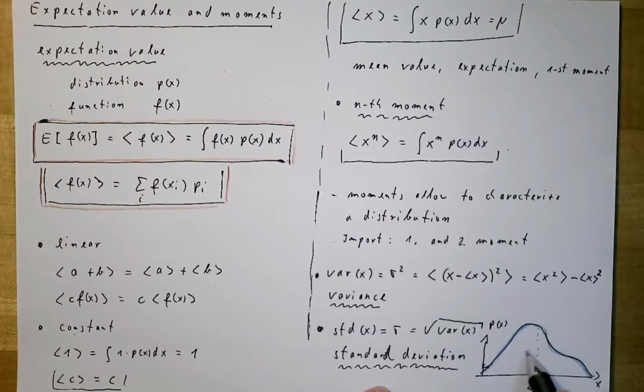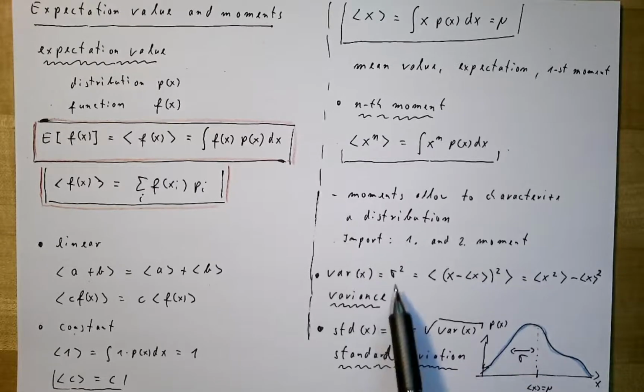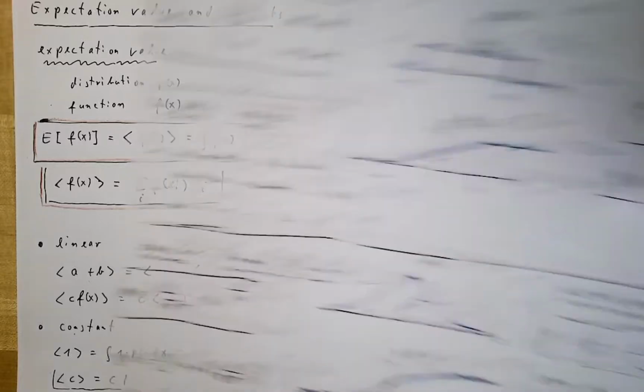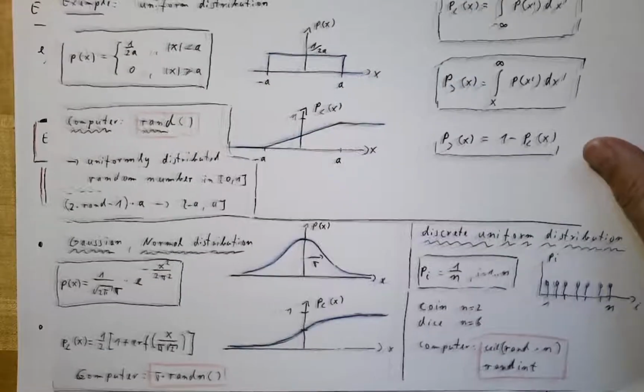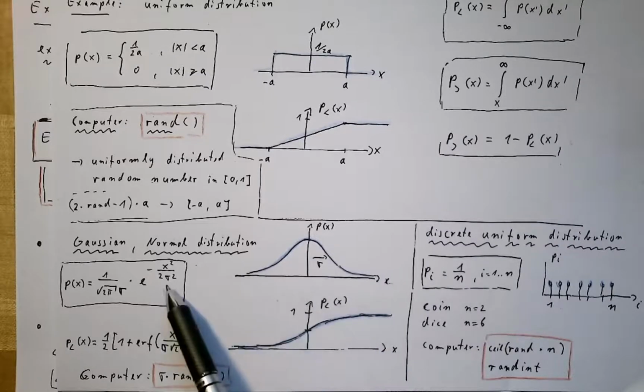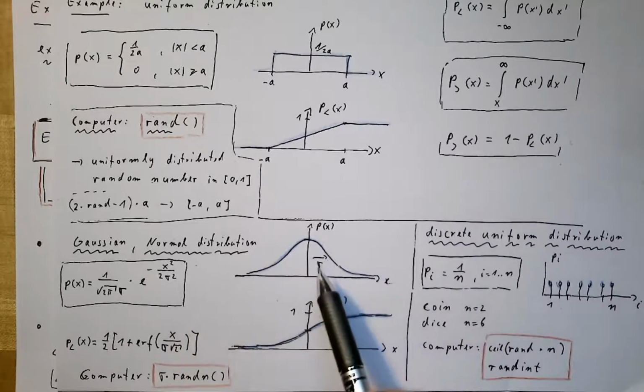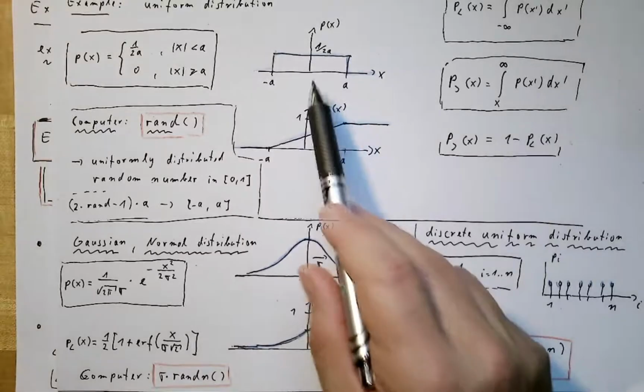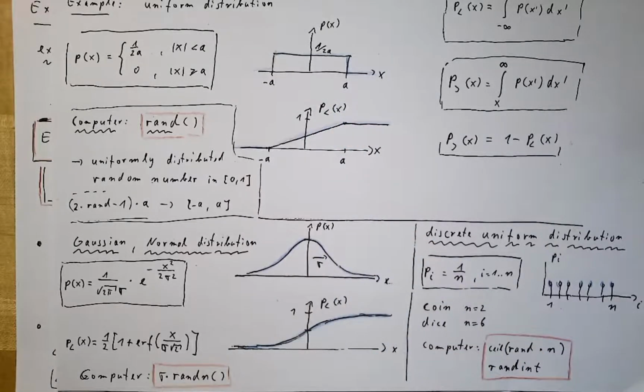And now when we want to know something about the width of the distribution, the standard deviation describes the width of the distribution. And in fact, if you would calculate this for the Gaussian distribution that I showed you before, this parameter sigma is exactly the standard deviation of the Gaussian, and in these examples the mean and standard deviation were 0.